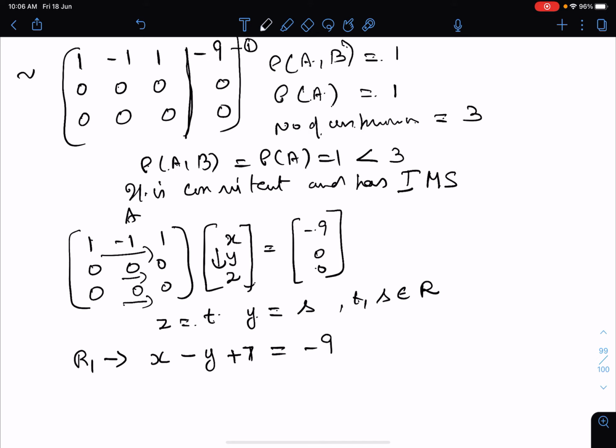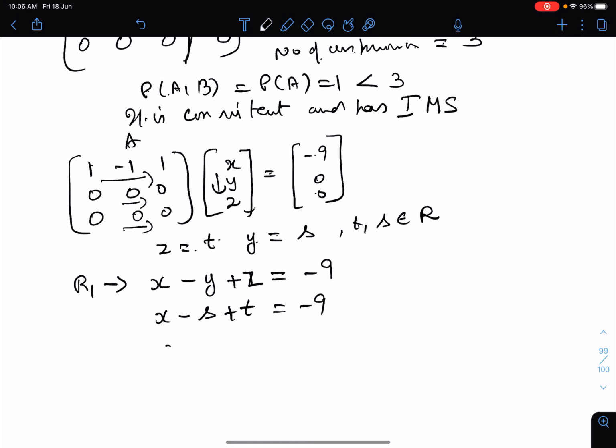Now instead of 1 you put it as Z. Now substitute our Z and Y here. X minus S plus T equal to minus 9. So bring all those constants to the other side. So X is equal to minus 9 plus S minus T. Okay, so this is going to be our equation.